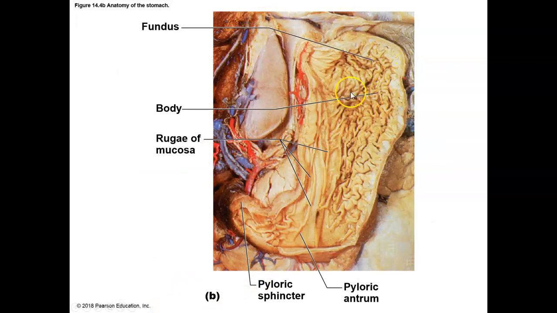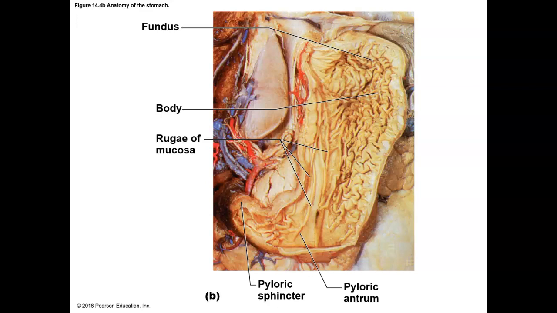Within the stomach, we have this ruffled structure of the mucosal layer. Those ruffles are known as rugae, and they basically allow the stomach to expand and become larger.